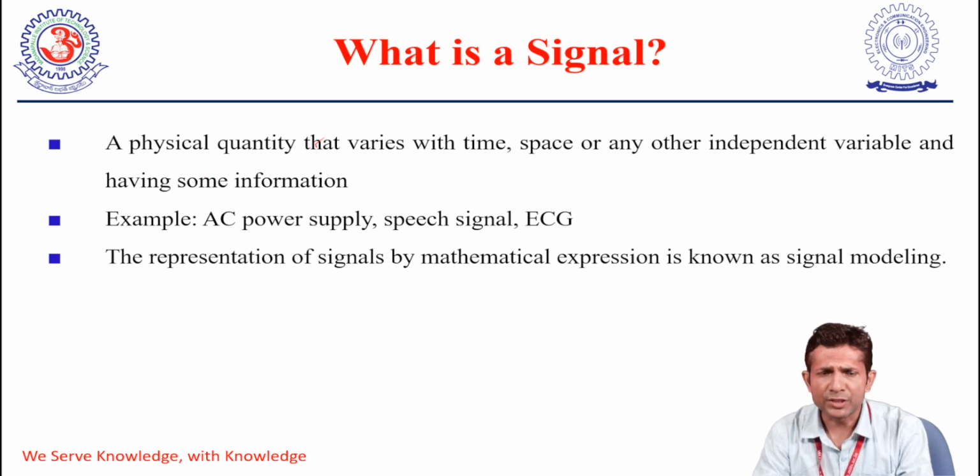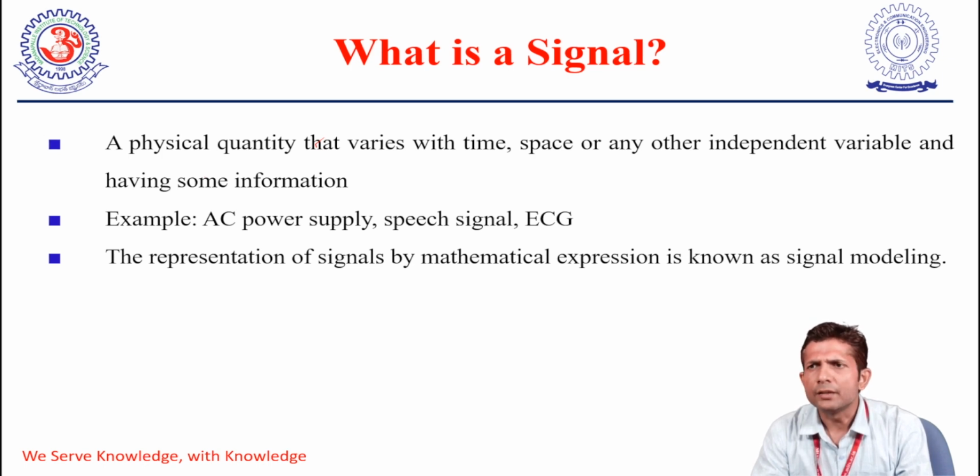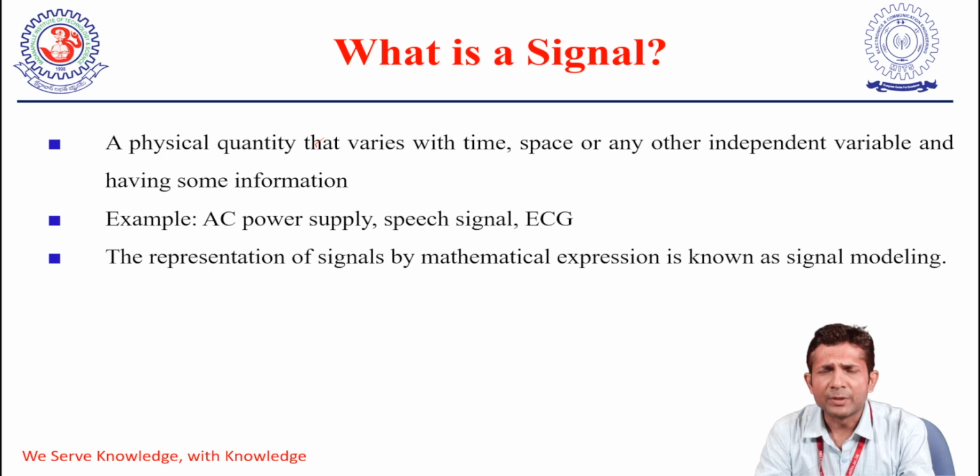It has some information, and all these quantities vary with time or space. Like the AC power supply, it varies with time. So anything that varies with time, space, or any other independent variable and has some information is called a signal. Another type of signal is voltage. Yes, voltage has some information. Like we say this battery is providing 25 volt, it means it has some information, so this is a signal.